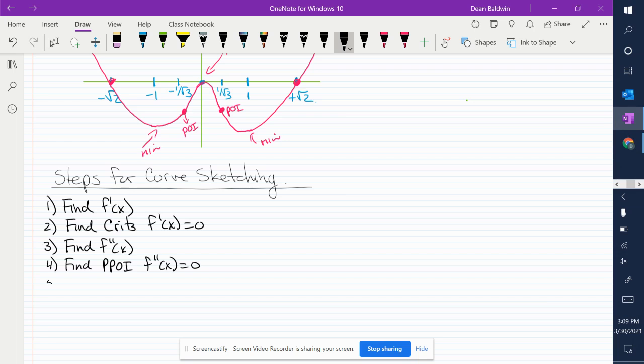There you go. Now that could be the very first thing you do as well, right? But these are all the things you have to do.